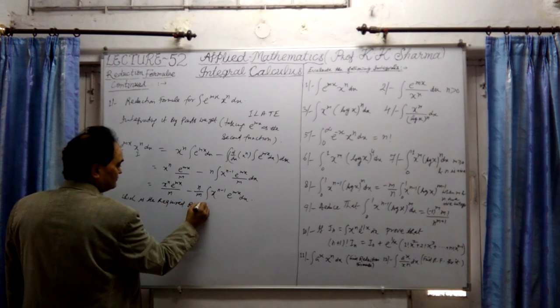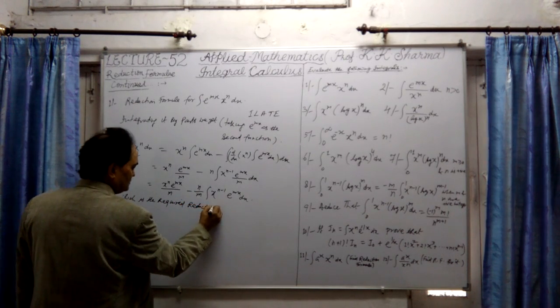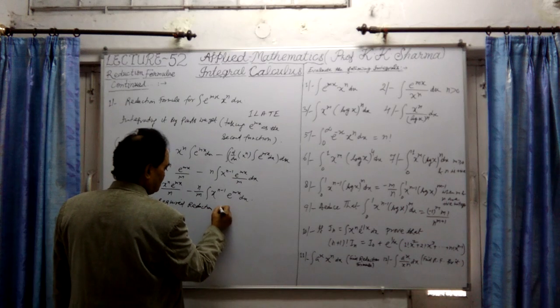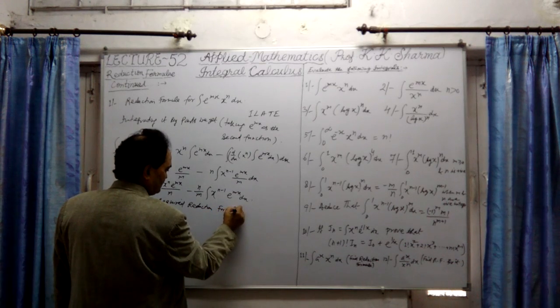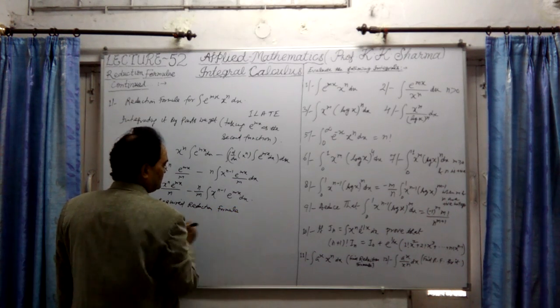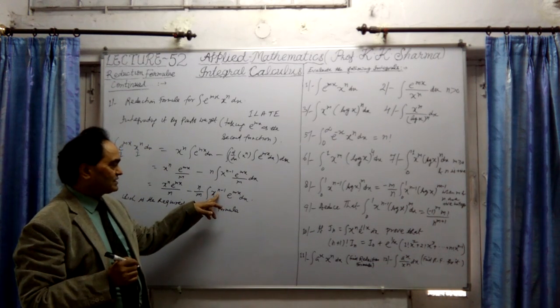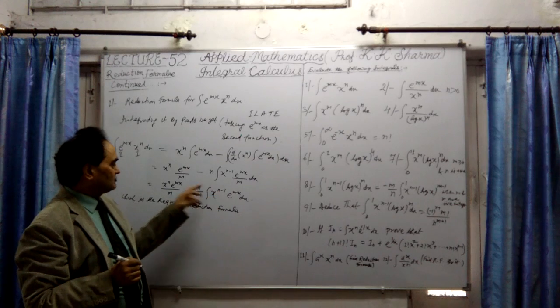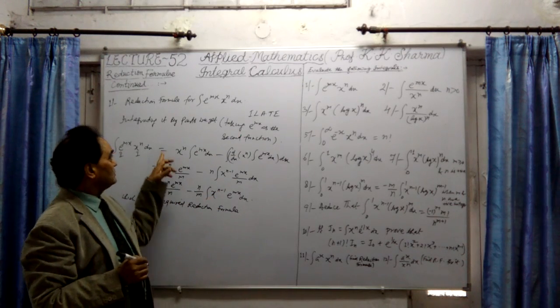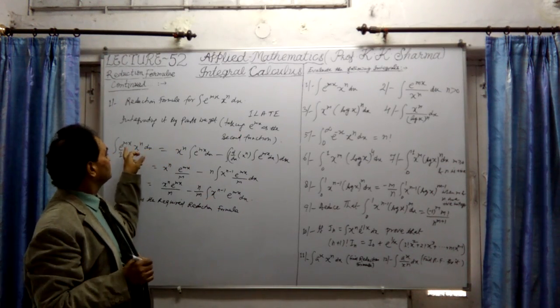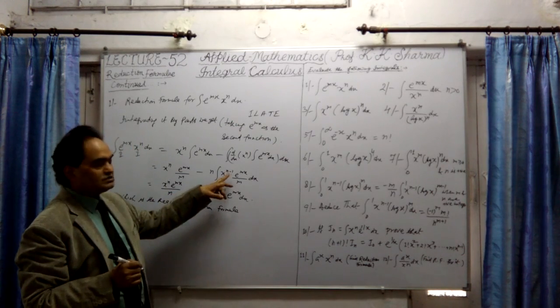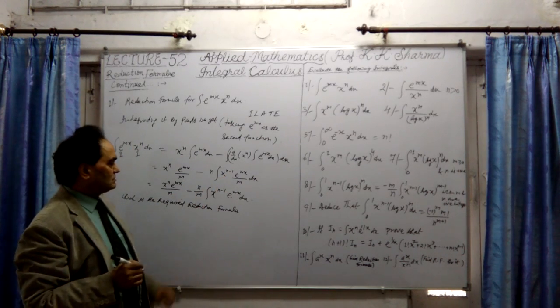Why is it a reduction formula? Because here the power is decreased. The index of x is decreased by 1: in the beginning it was x to the power n, and now it is n minus 1.